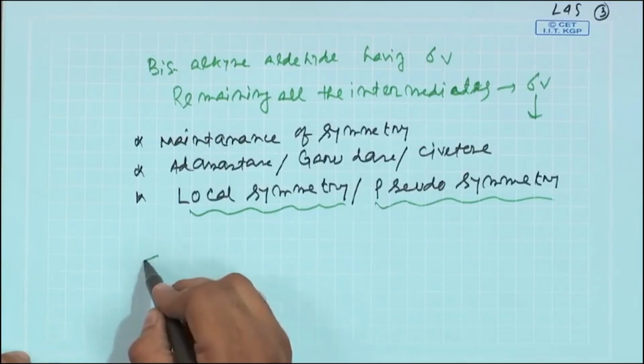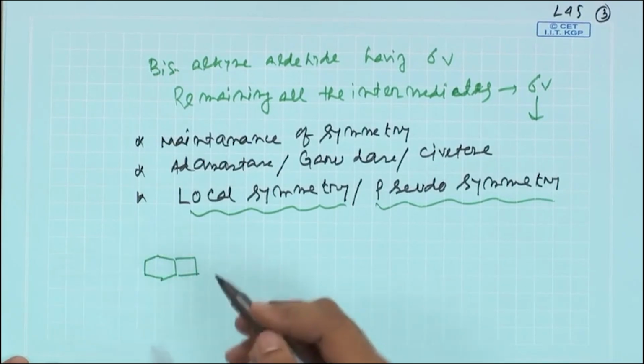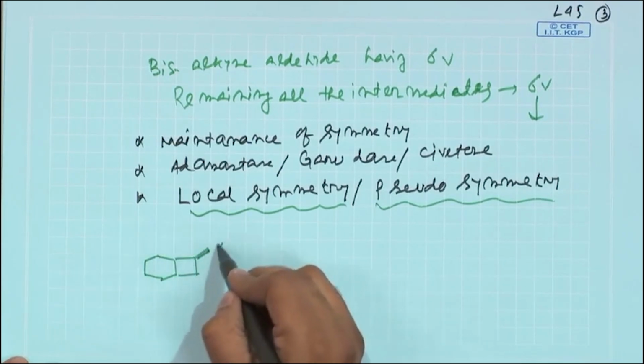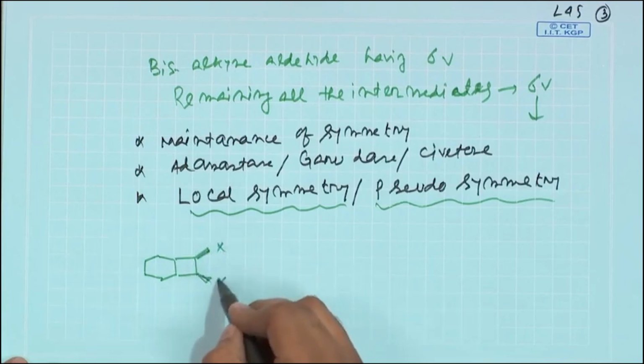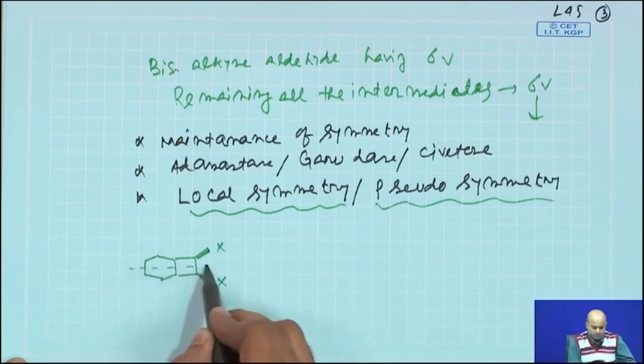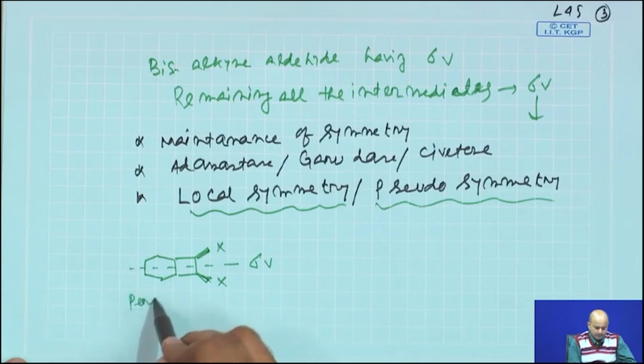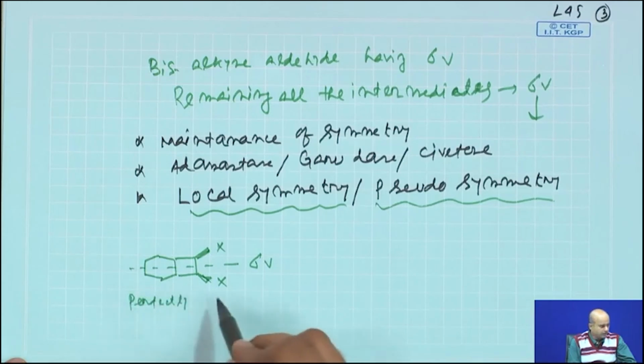I'll give you a very standard example. Say we have this kind of compound, which I have drawn in a 2-dimensional way. This molecule is perfectly symmetrical. There is absolutely no doubt about that.